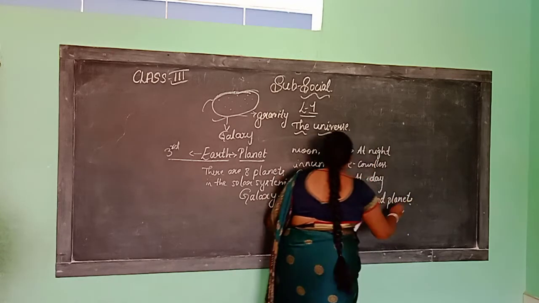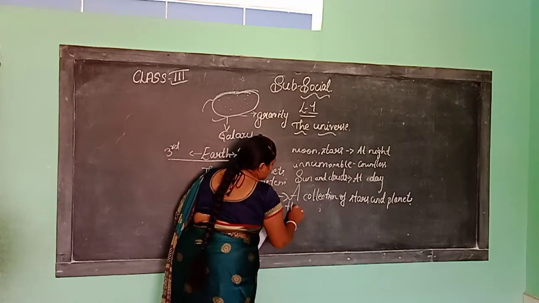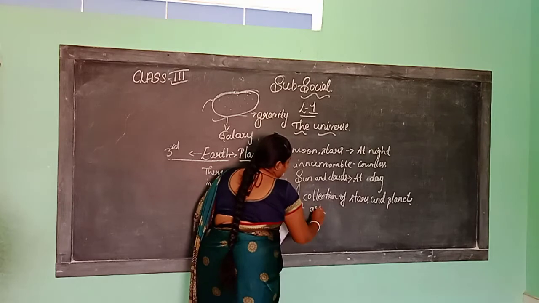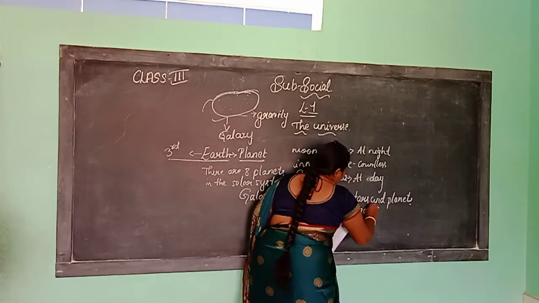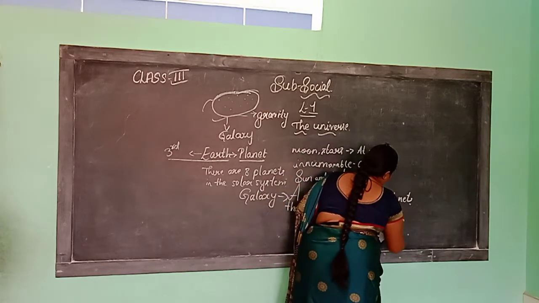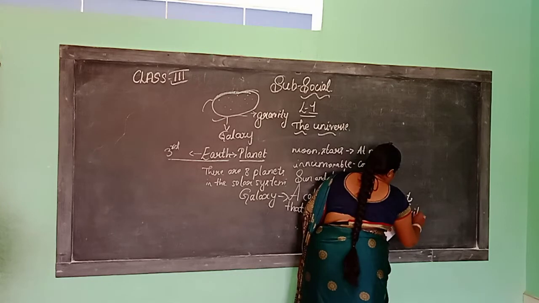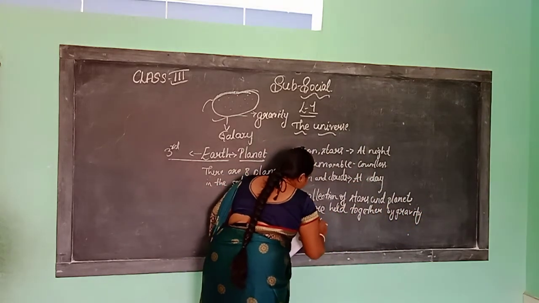A collection of stars and planets that are held together by a power called gravity is called a galaxy.